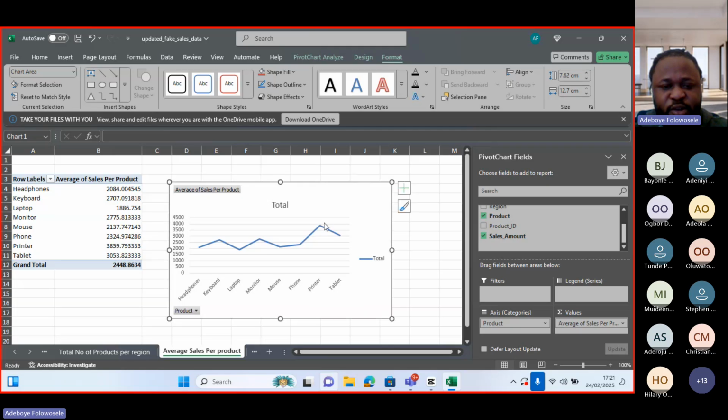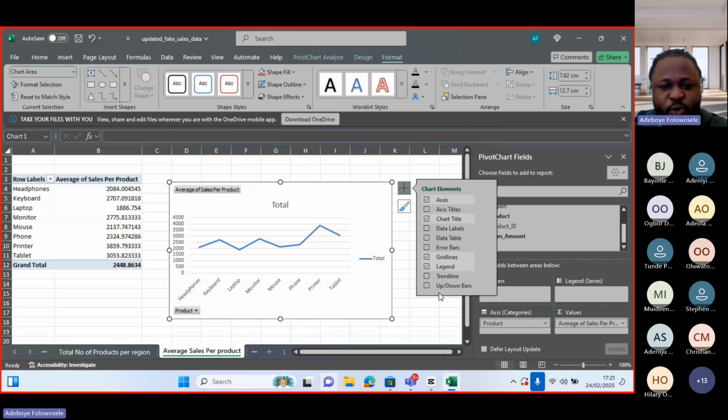So from this, it was printer that has the highest sales. So, the data label is not going to make it nice. So the chart title should be there. I know I don't want the legend. I don't want the grid lines.